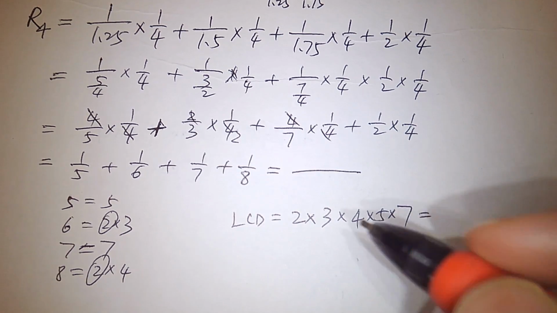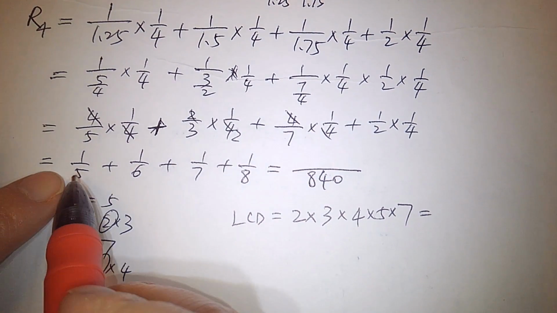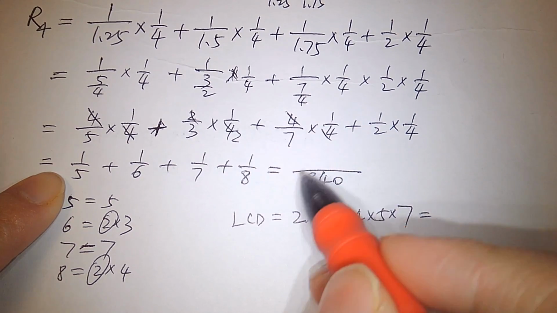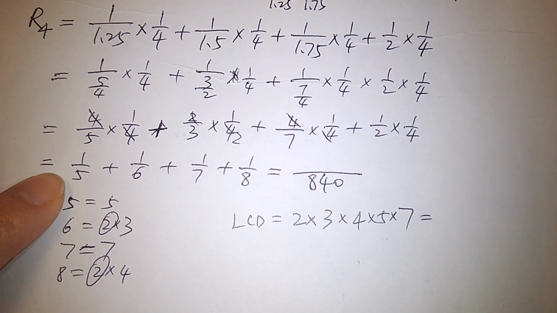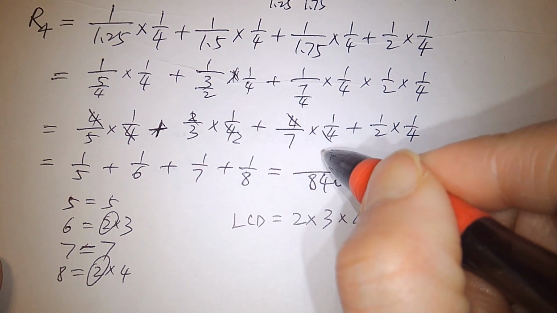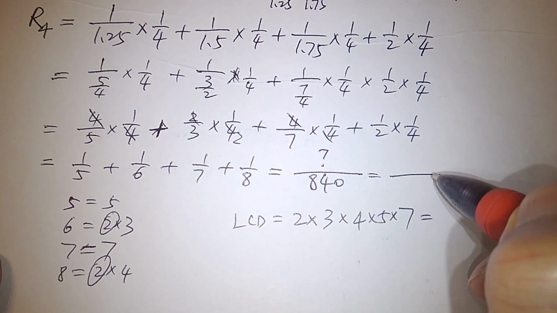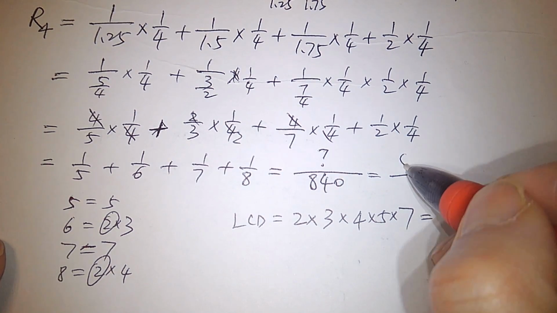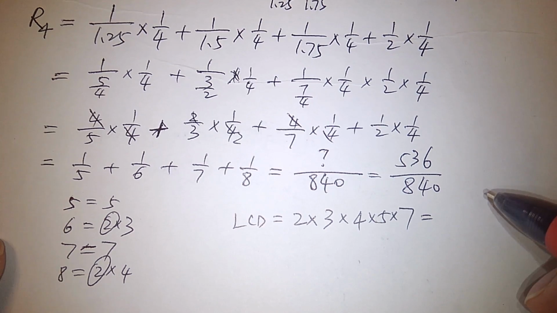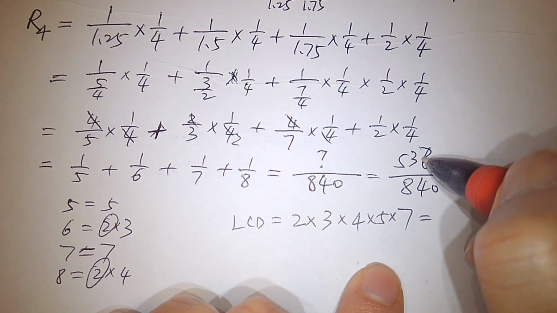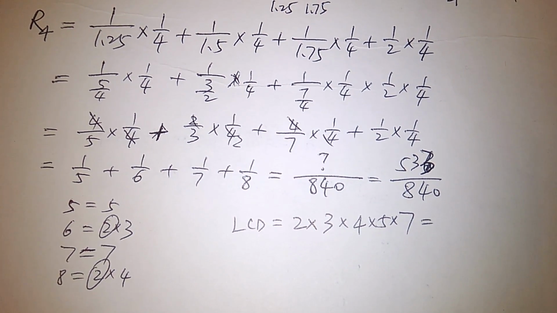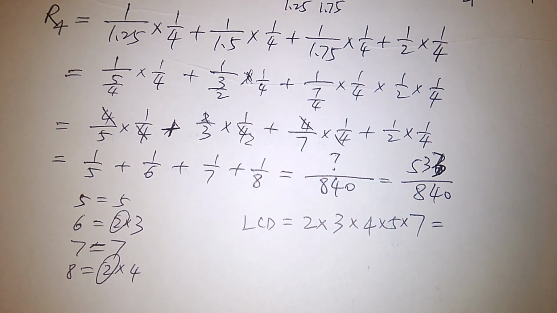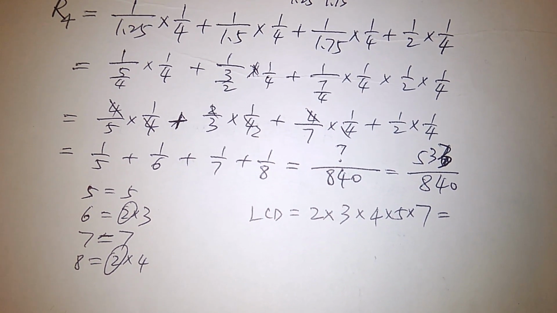So on the top, for 1/5, we use 840 divided by 5 to give us the number here. What's the final answer eventually? 533 over 840, not 800. 533 divided by 840. Or if this is complicated, just use decimal numbers and see whether WebAssign will take it or not.